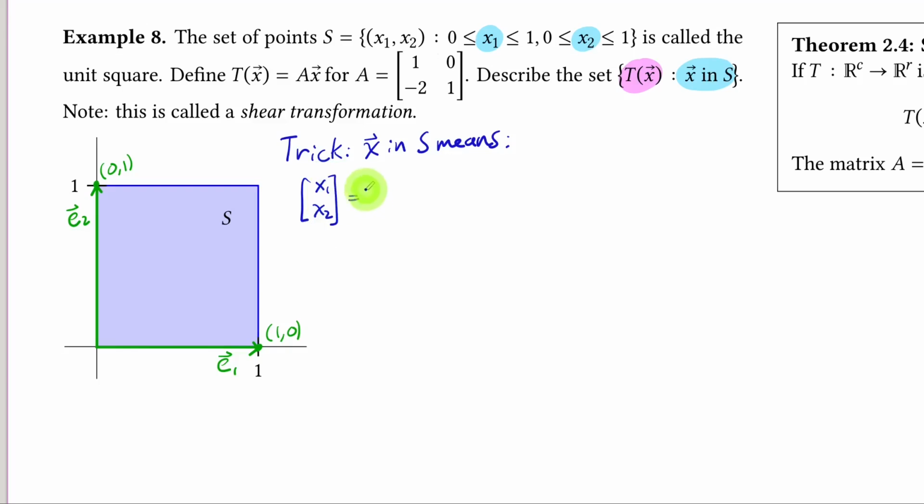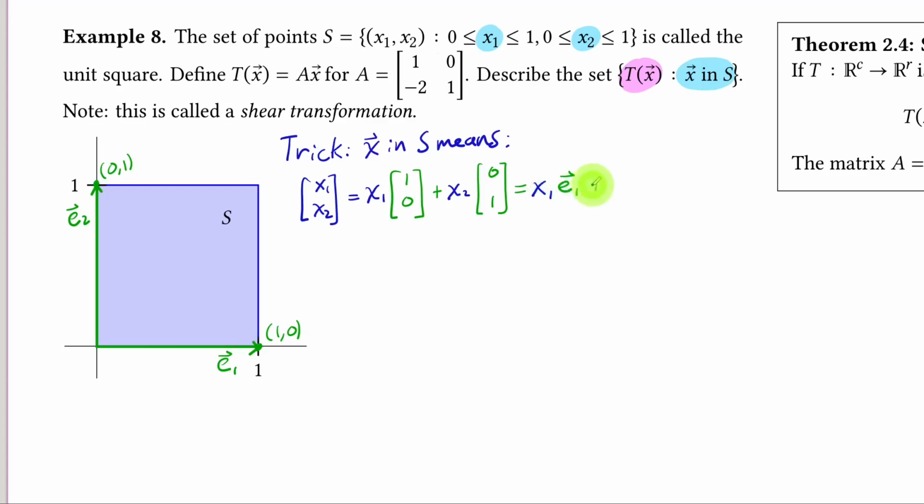That's the same thing as doing x1 times the vector 1, 0 plus x2 times the vector 0, 1, right? Because if you do this linear combination out, you just get x1, x2. And we also know we can write that as x1 e1 plus x2 e2.